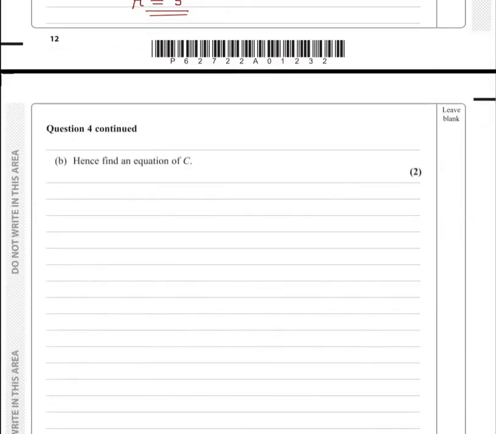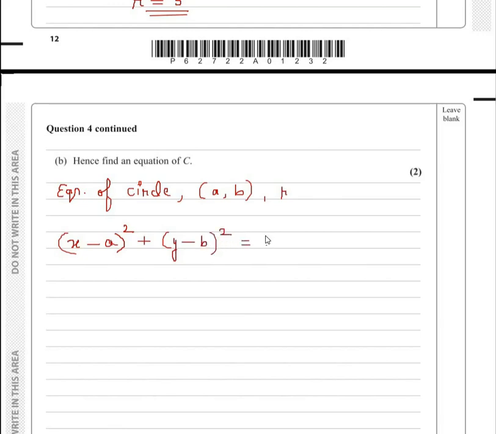So we have equation of the circle given as: equation of circle whose center is A, B and radius is R. It is given as x minus A the whole square plus y minus B the whole square equal to R square. A and B are the center of the circle.